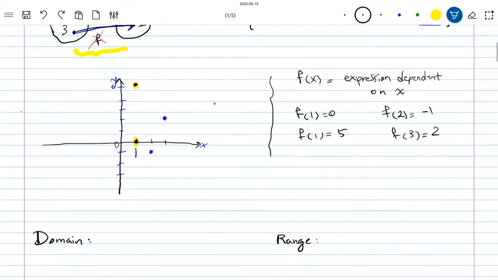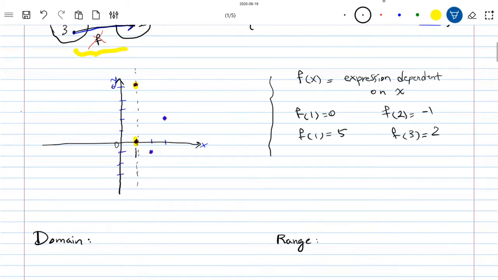Okay, so there is another representation. This is what we call the graphing. This graphing representation has a nice way to figure out if you have a function or not, that I'm going to discuss in a bit. But if you look at the points that are exactly vertically above each other, if that ever happens, it means these 2 points have the same x value, but different y values.